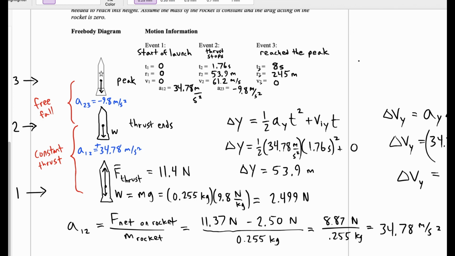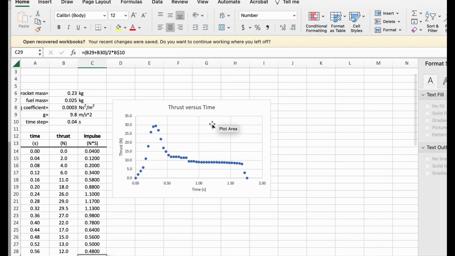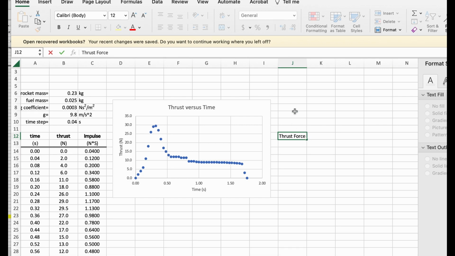Yeah, so let's see if we can get the spreadsheet now to agree with what we've calculated. Now we're going to need some more columns. So we're going to have thrust force. And this is going to be just a constant thrust model, which is not the real situation, right?